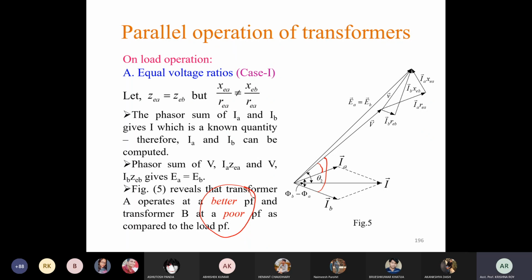So our third condition, that the X by R ratio must be equal, if not satisfied, then this will happen. If the leakage impedances are equal, then they will share the load equally, but one transformer will run with a better power factor, another with a poor power factor. Is it clear? Yes, sir. Any question here?